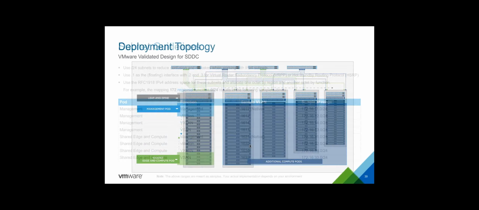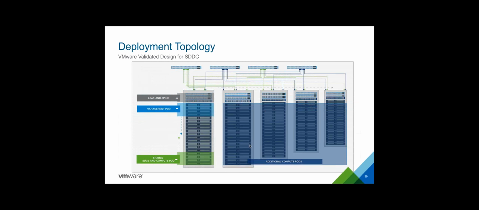In terms of the deployment topology, this is just a visual representation, so I don't recommend anyone rack and stack in this manner, because some people may not appreciate you racking and stacking in this manner. But at the top of the rack, you will see you have your TORs and your management switches.